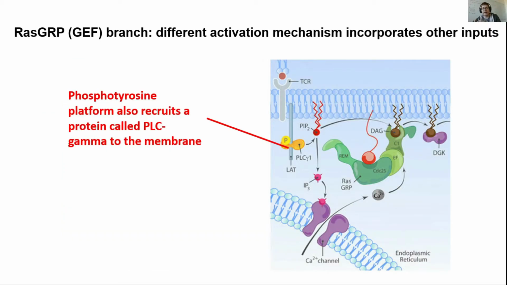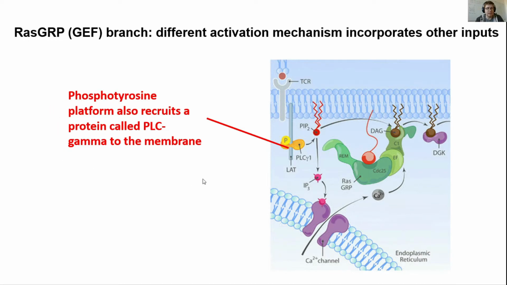Now, if we look at the RAS-GRP branch, we can see that it actually has a very different activation mechanism that enables RAS GTP activation to incorporate completely different inputs into the system. What's kind of interesting is that in this case, activation of the T cell receptor, as we mentioned before, creates a platform for phosphotyrosine.